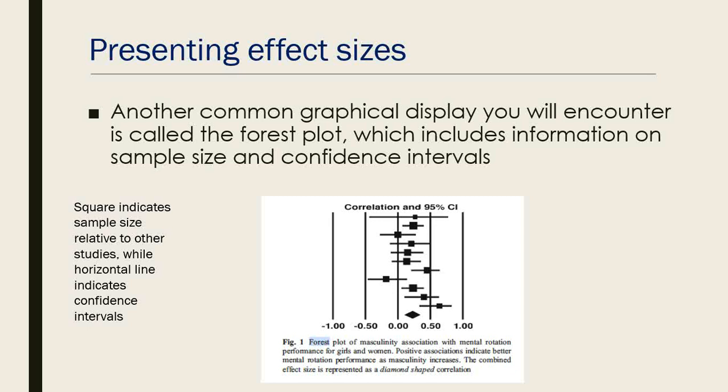So if we have a look at that first row there, it was a very, very small sample size compared to the others. You'll also notice that the horizontal line's extremely wide, so there wasn't much precision with that estimate. The confidence intervals were quite large. Generally, if you have a larger sample size, then you'll have tighter confidence intervals.